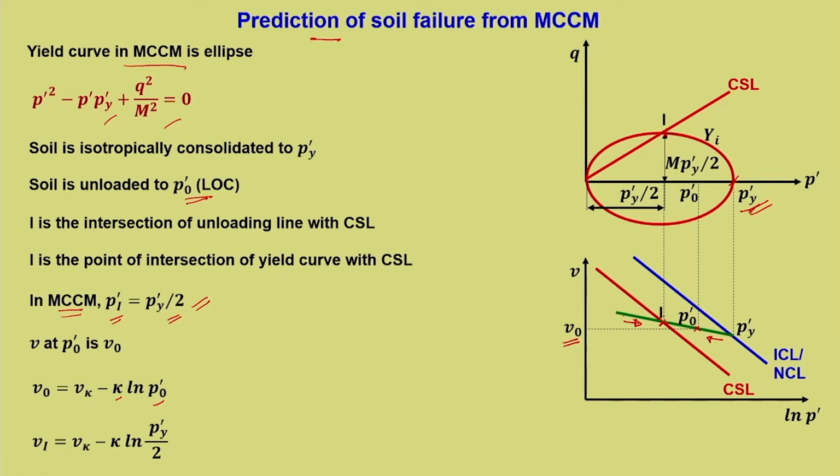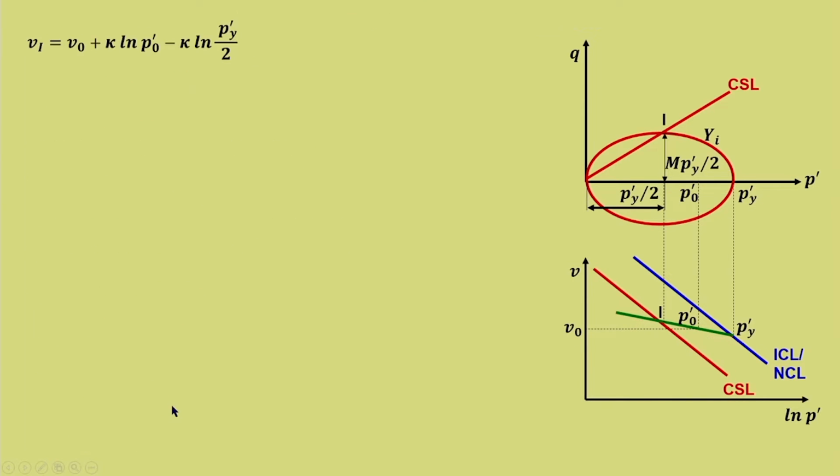Now, this point vi we can represent in terms of the unloading reloading line as well as in terms of the critical state line. So, in terms of the unloading reloading line, we can write vi is equal to v kappa minus kappa ln of p'y by 2, because we know that this particular point is at p'y by 2.